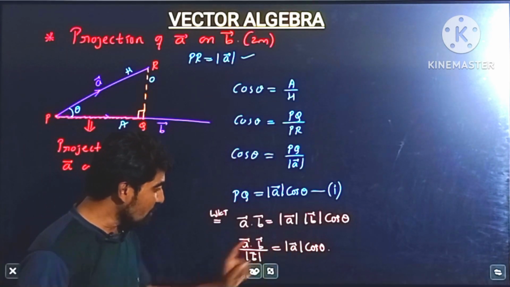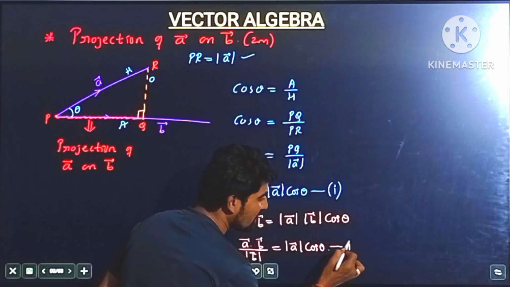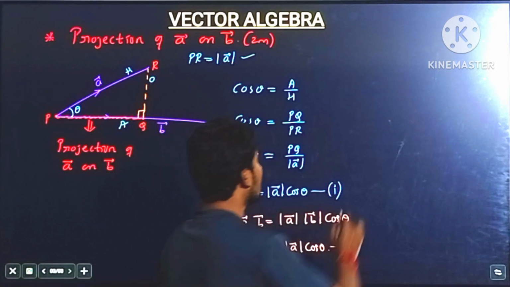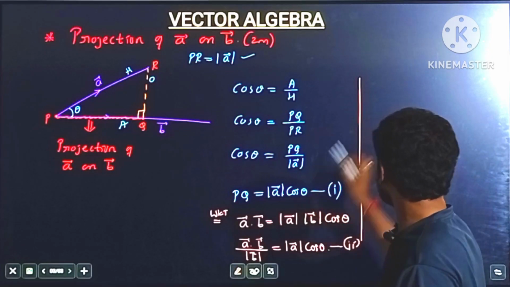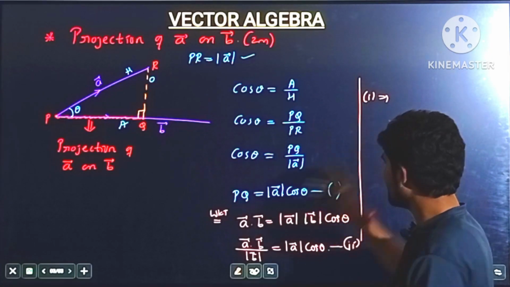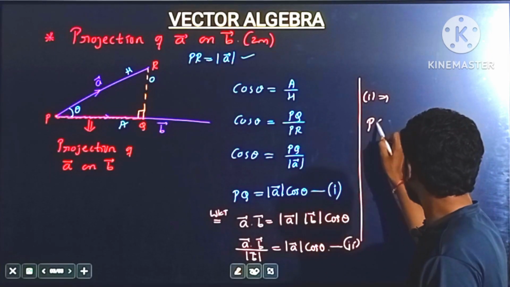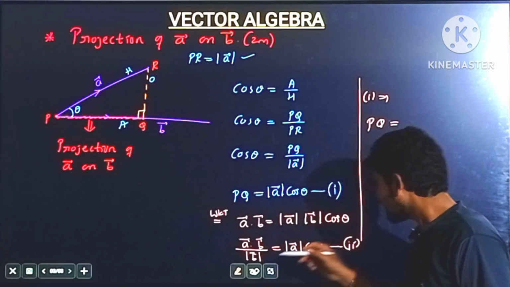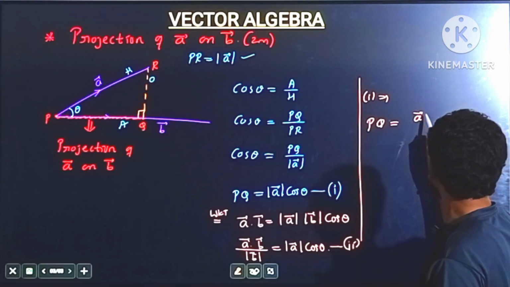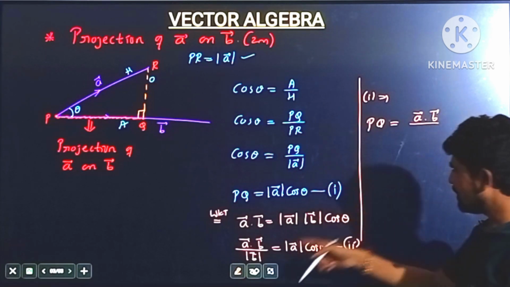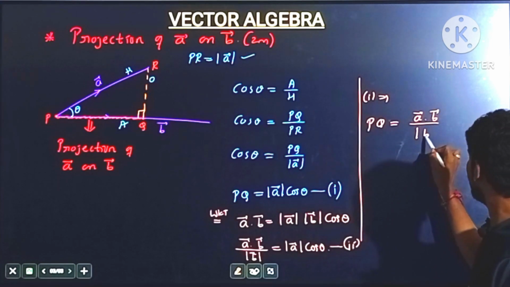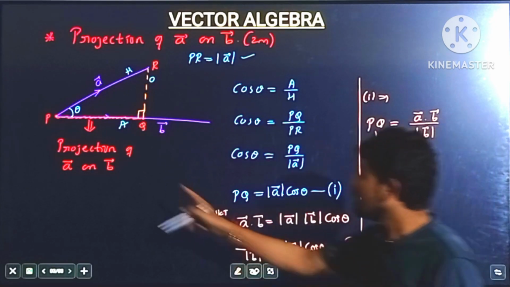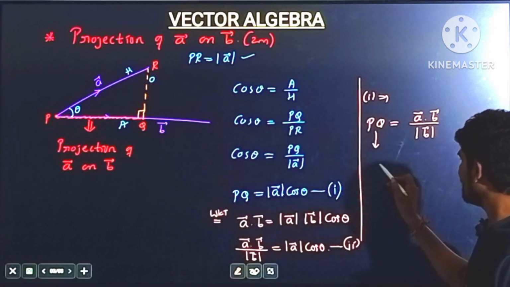So therefore, the value of magnitude of A vector into cos theta from the second equation, substitute in the first equation. It means PQ is equal to magnitude of A vector into cos theta, which is A vector dot B vector divided by magnitude of B vector, where PQ is nothing but the projection of A vector on B vector.